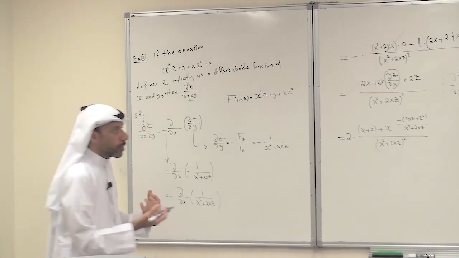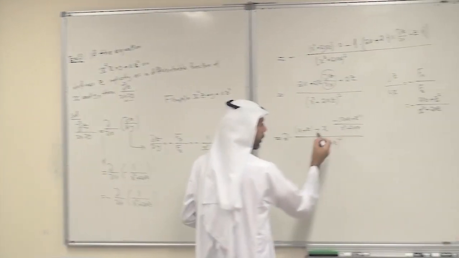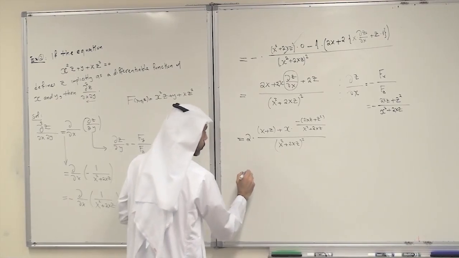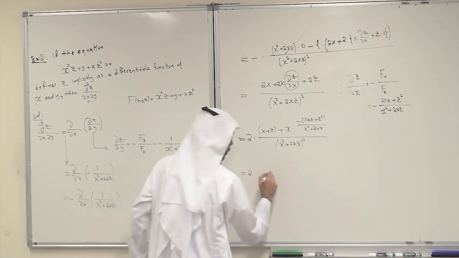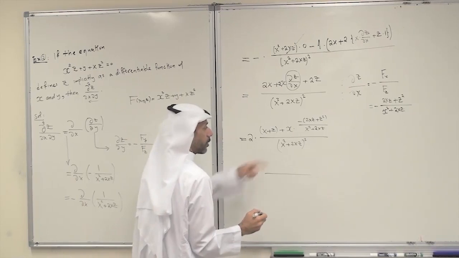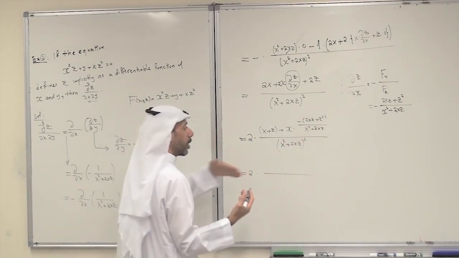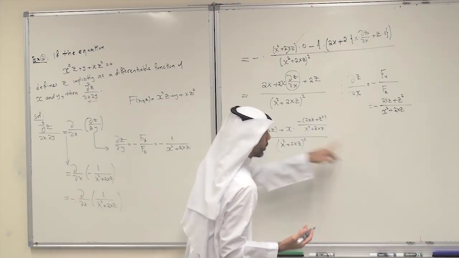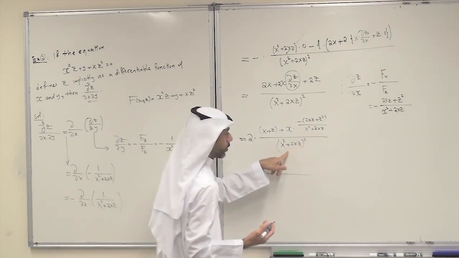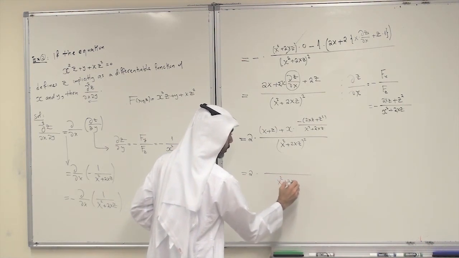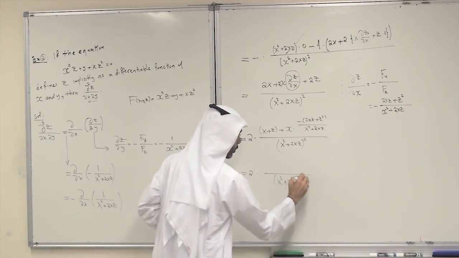What remains is just to simplify. Here, take the common denominator, and when you simplify, the rest is just, so this is 2 times the common denominator x squared plus 2xz, or another way, multiply numerator and denominator by this quantity, which is the same as this quantity. So this is x squared plus 2xz power 3.